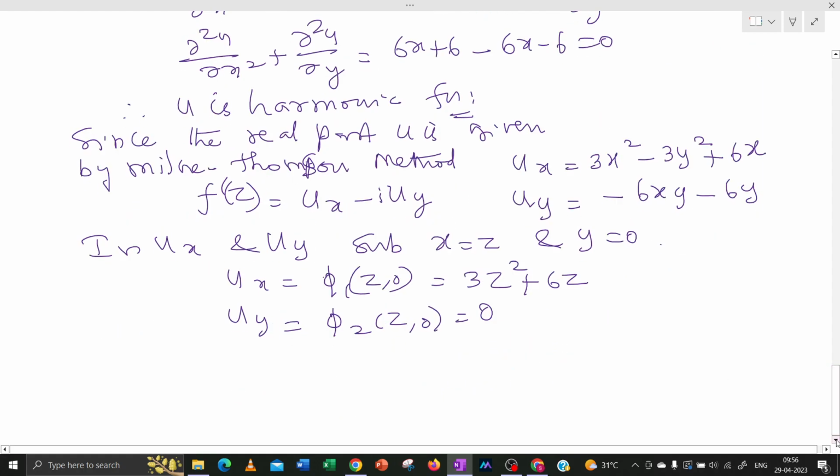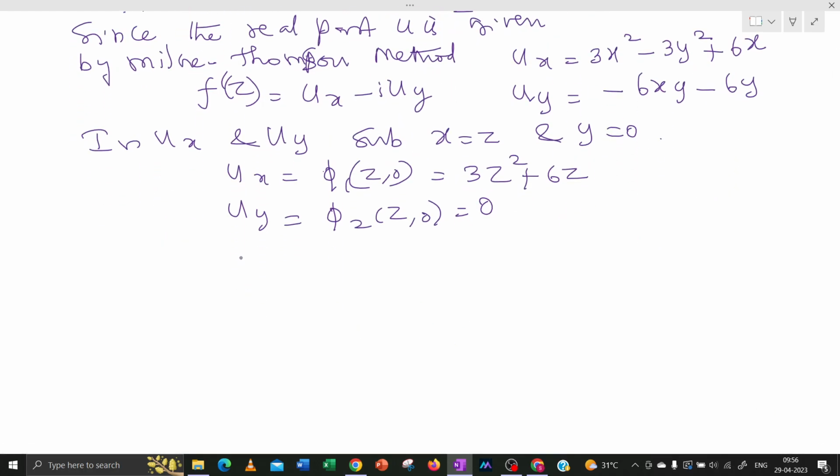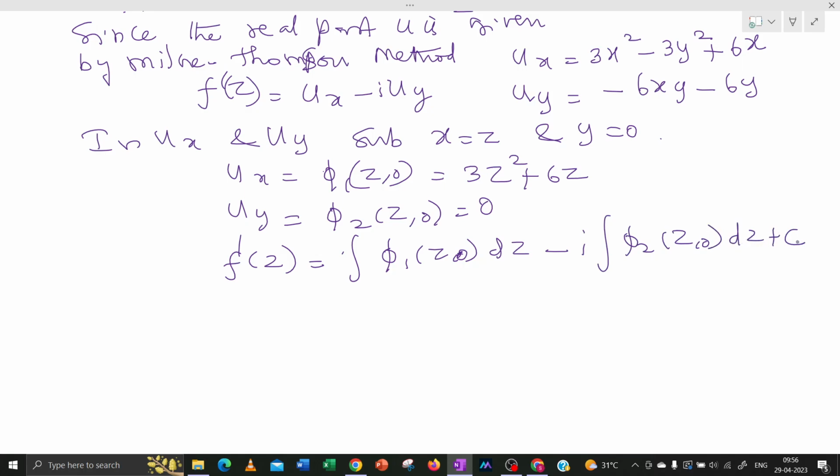So f dash of z equal to integral of phi 1 of z comma 0 dz minus i into integral of phi 2 of z comma 0 dz plus some constant c. That is the formula.